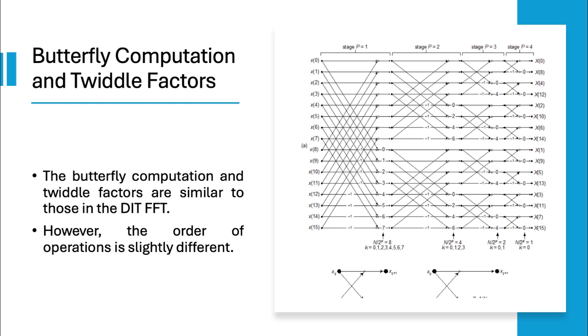In the DIT-FFT, data is processed in a specific sequence that emphasizes the time domain, which affects how the input data is rearranged and combined. This difference in operational order can lead to variations in how the intermediate results are generated and ultimately influence the overall performance and efficiency of the computation. Understanding these nuances is crucial for optimizing FFT algorithms for specific applications and ensuring accurate results.